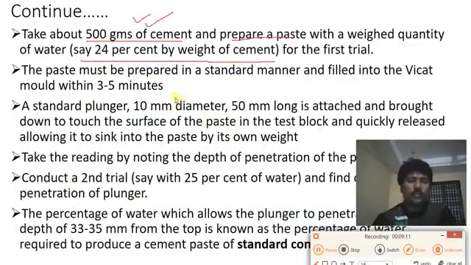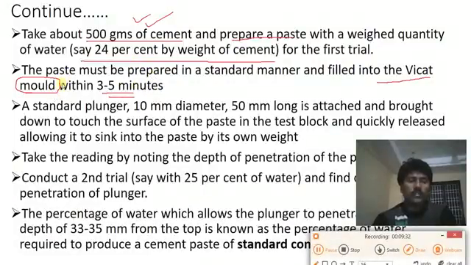That is, you place this particular paste within 3 to 5 minutes in the mold which is placed under the Vicat apparatus. So that is called the Vicat mold. In that Vicat mold, within 3 to 5 minutes, you need to place the entire paste inside the mold.